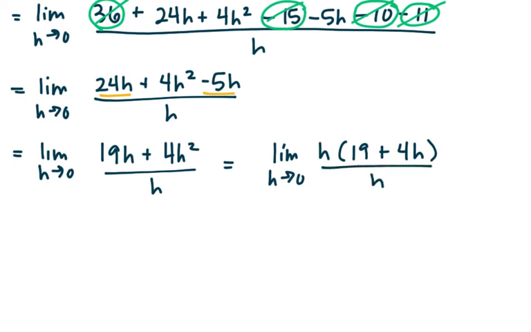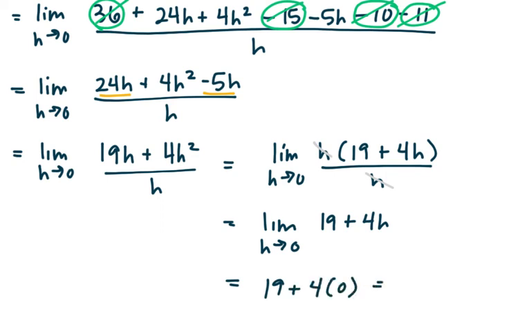Those h's will cancel. I have the limit as h approaches 0 of 19 plus 4h. Once I've canceled that h, now I can plug my 0 in for my h value, and I do not have to write limit anymore. This is 19 plus 4 times 0, or 19.